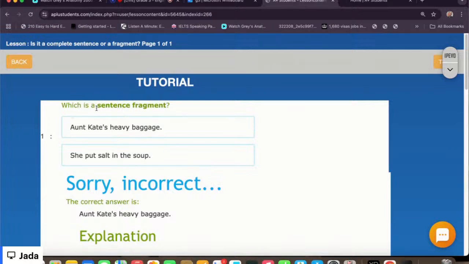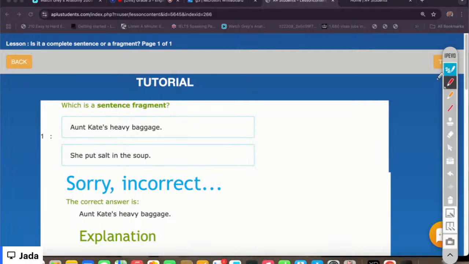It says, which is a sentence fragment here? Aunt Kate's heavy bag. She put salt in the soup. Over here, she put salt in the soup, and it's asking for the sentence fragment. She is the subject and put is the verb, so this automatically is not a sentence fragment.